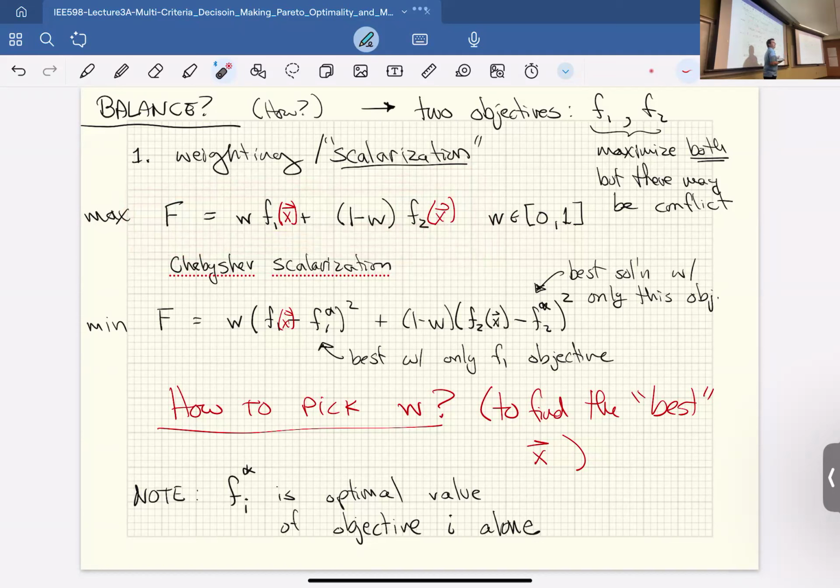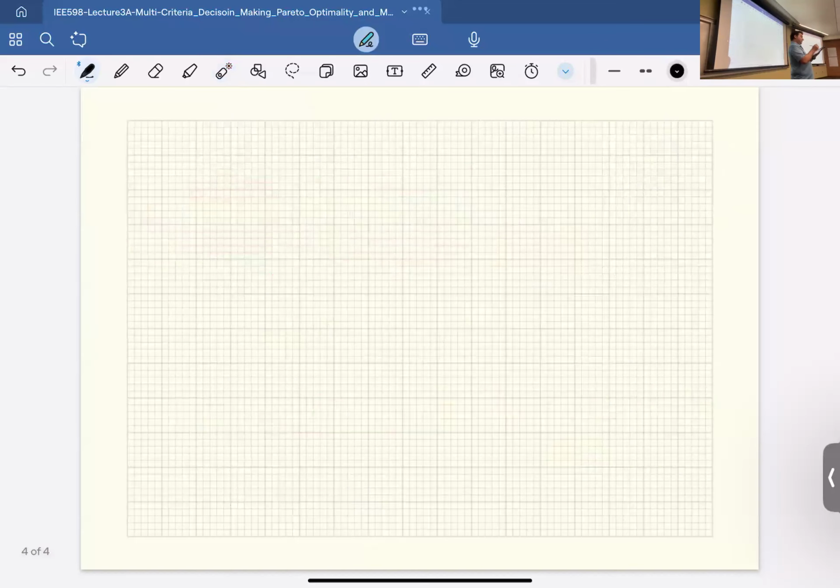All right, other questions about this, just weighting approaches? Now, an alternative: you don't have to do weighting, you could also do so-called satisficing. And I think this often comes up in dynamic programming as well.